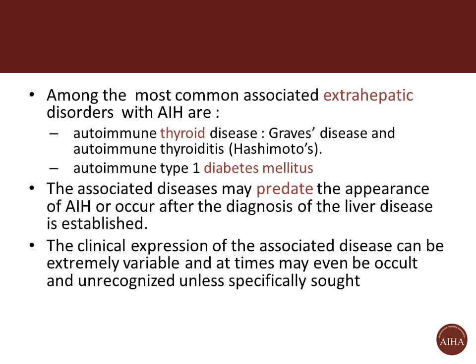Also, type 1 diabetes is commonly associated with autoimmune hepatitis because type 1 diabetes is itself an autoimmune disorder that attacks the pancreas. Some of these associated diseases may predate or precede the development of liver disease, but they could also occur after or during the diagnosis of autoimmune hepatitis. The clinical expression of these associated diseases can be extremely variable and at times may be even occult and unrecognized unless specifically sought.